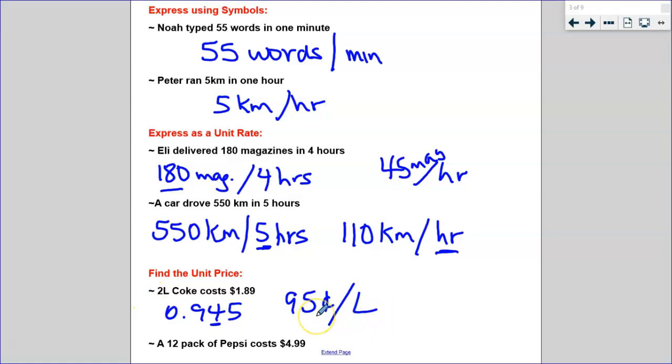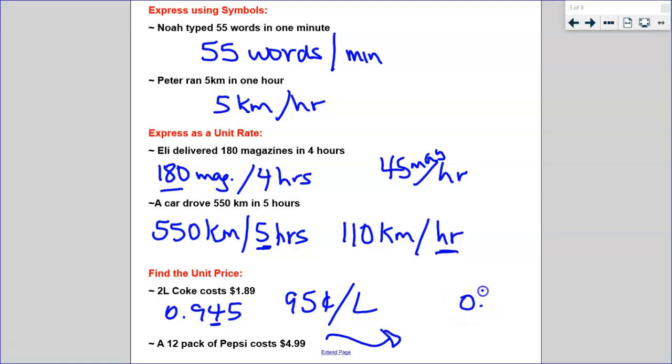Okay, so all I did was divide this by 2, divide this by 2, and I got the unit rate. And a 12-pack of Pepsi, let's put this over here, costs $4.99. So you're going in the store and you're buying that 12-pack, and you've got to figure out how much it is per can. So we're going to take $4.99 and divide that by 12 on our calculator, and we're going to get 0.4158.